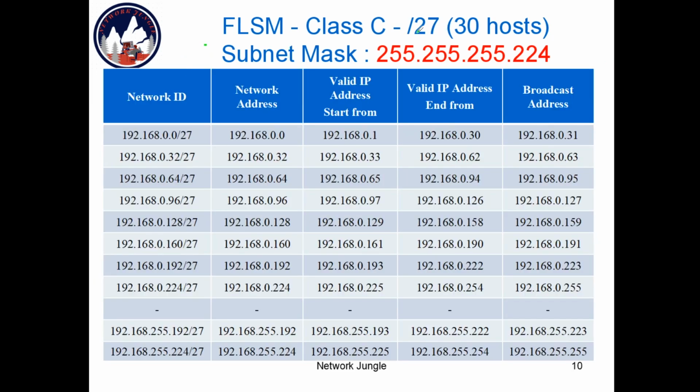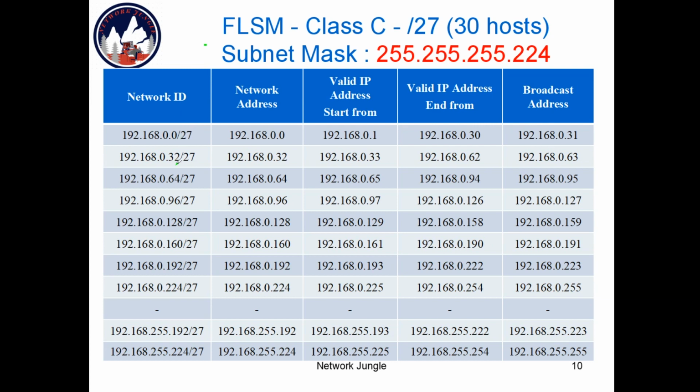Here it is /27, so the required number of valid IP addresses is 30. Here the subnet mask is 255.255.255.224. So /27 represents 27 bits in the network portion and the remaining 5 bits in the host portion.